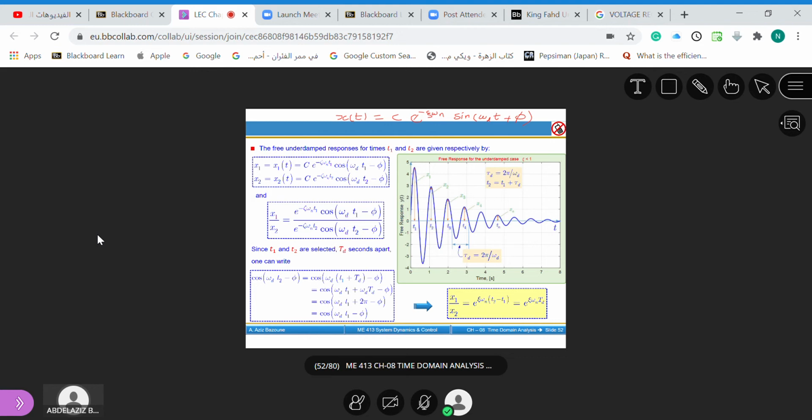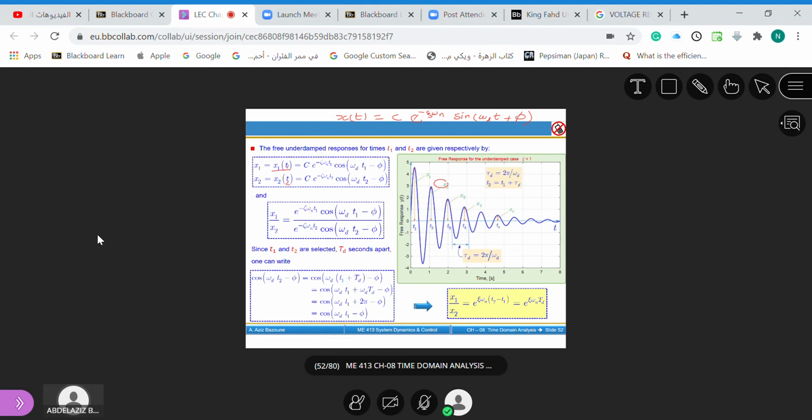Now at t equals t1, we have x1 equals c exponential minus zeta omega n t1 cosine omega d t1 minus phi. Just substitute time by t1. At another amplitude x2, we substitute simply x2 is equal to c exponential minus zeta omega n t2 cosine omega d t2 minus phi. So this is for t1 and this is for t2.